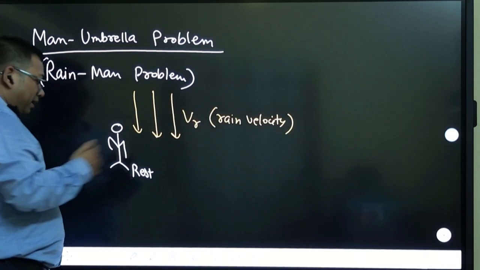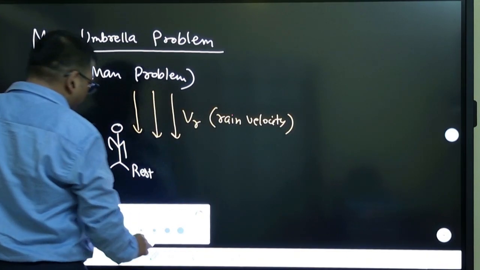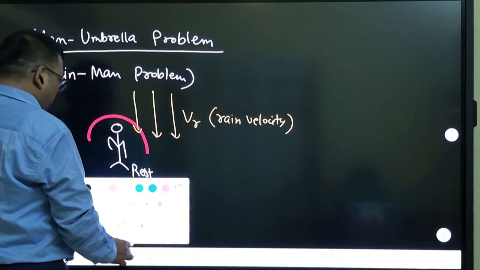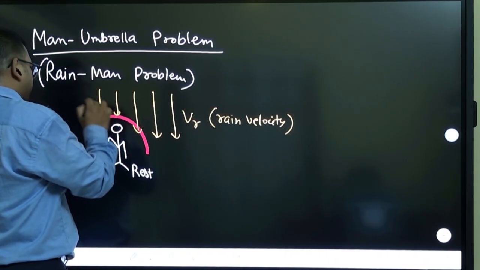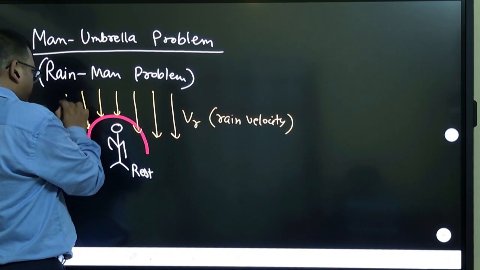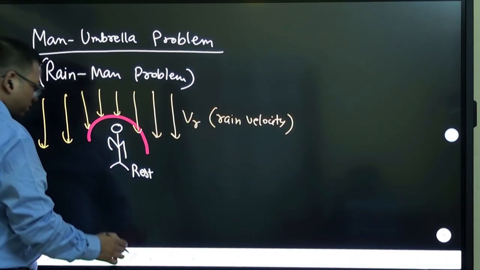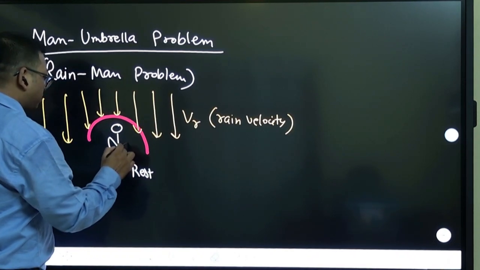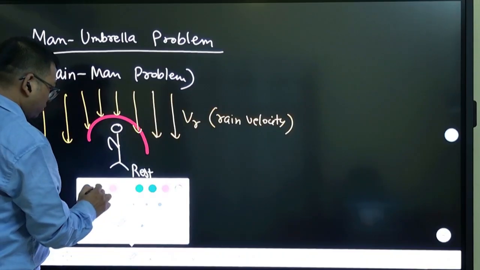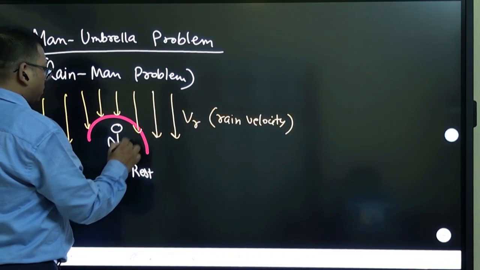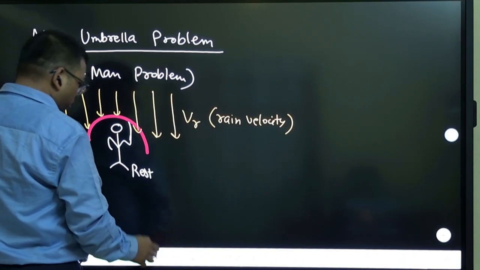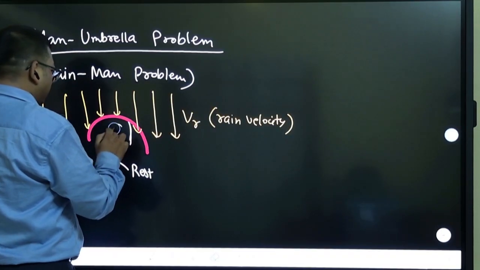And he is holding an umbrella, because he will otherwise get wet. So he is keeping the umbrella like this and holding it. Rain is coming like this. With his hand, he might be holding it. Of course, there will be a handle of the umbrella.